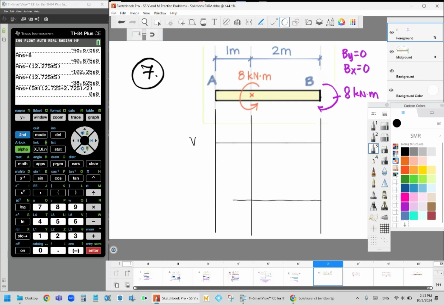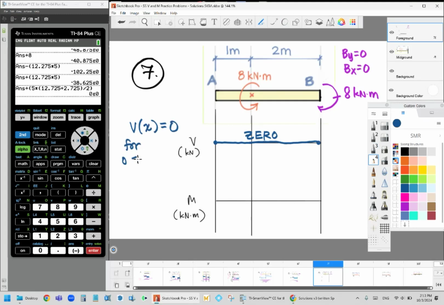V and M. And for our units, we have kilonewtons for shear force, kilonewtons times meters for bending moment. Here's my shear force. Start at 0. Nothing happens. There is no shear force anywhere on this beam. So this is essentially Vx is equal to 0 for the domain of 0 going all the way to L.